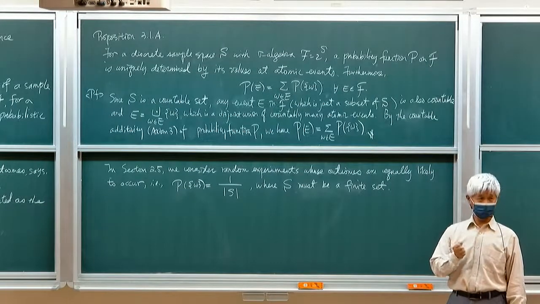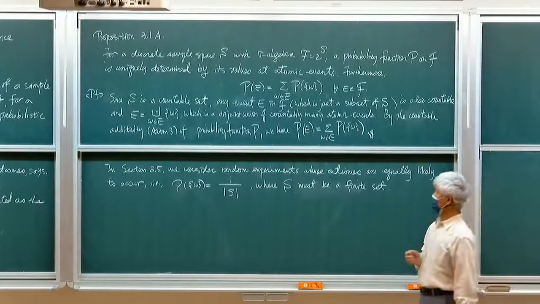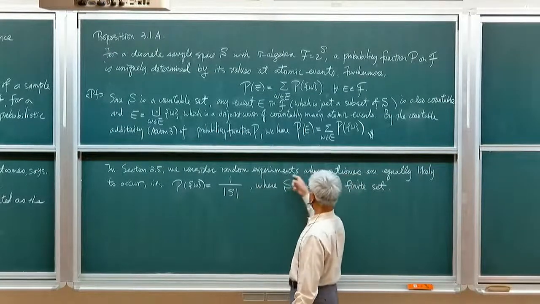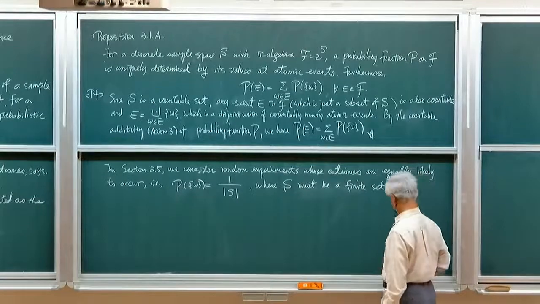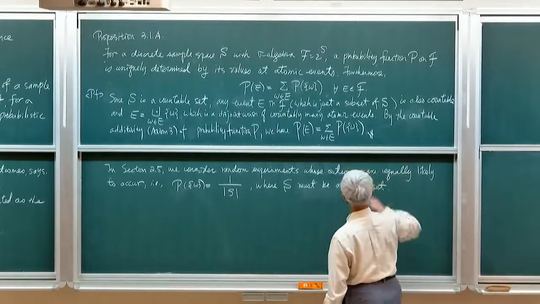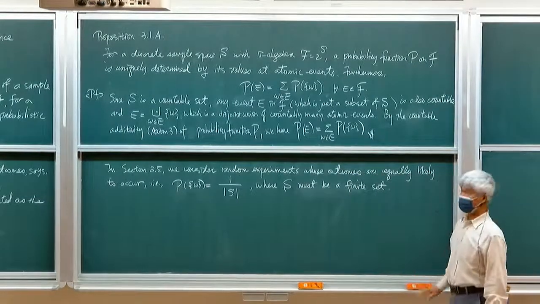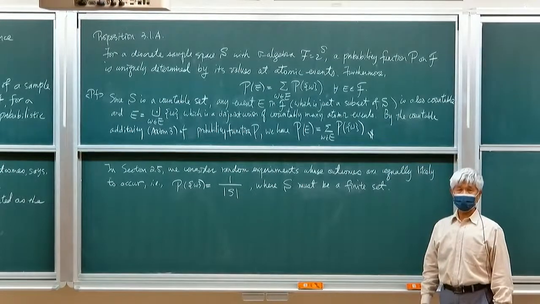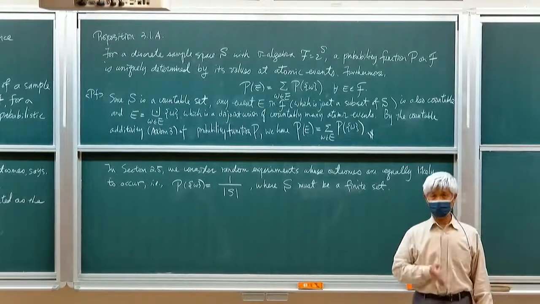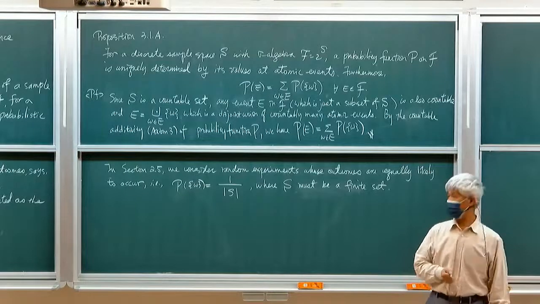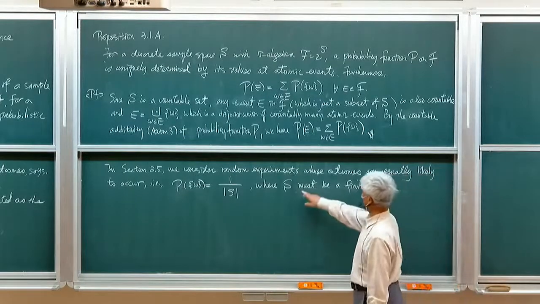If you solve that problem, okay? So to have outcomes be equally likely to occur, the sample space must be finite. Okay, must be finite.